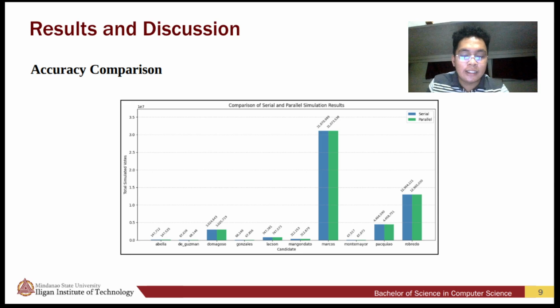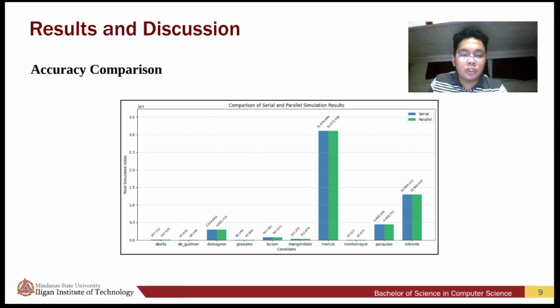I mean, not exactly, since this simulation is random by nature, but they are relative to each other with minimal differences. The green one is the parallelized, and the blue one is the serialized execution.